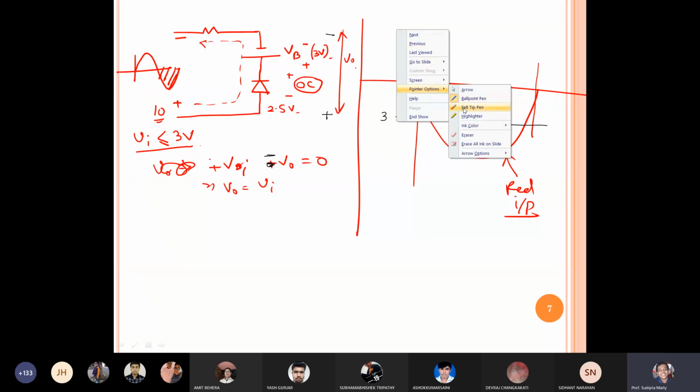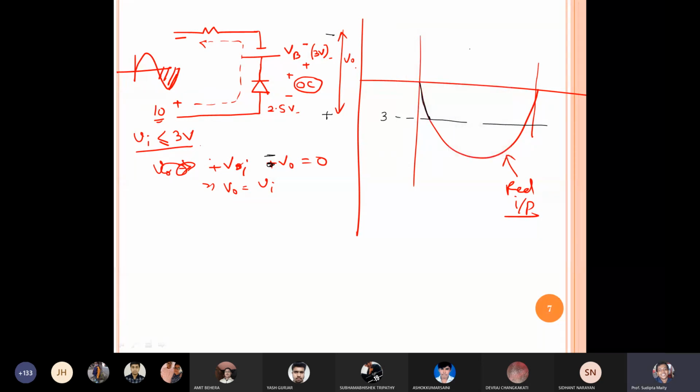Okay, now suppose Vi greater than 3 volt, because we have given VB, we are assuming 3 volt. Suppose it is 4 volt and here it is 3 volt.